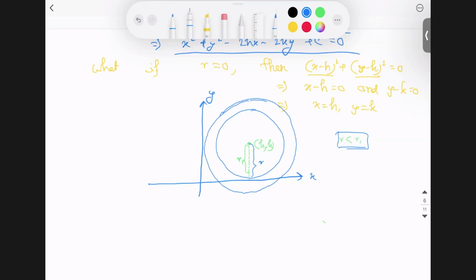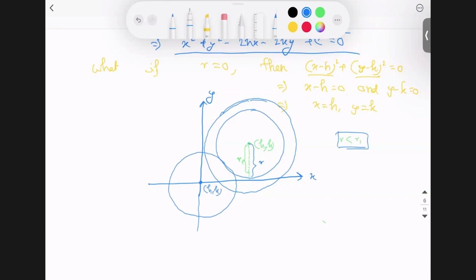So this is one case. Another case may happen where this (h, k) point is shifted to the origin. In that case, (h, k) will be (0, 0), and we will get a circle like this.